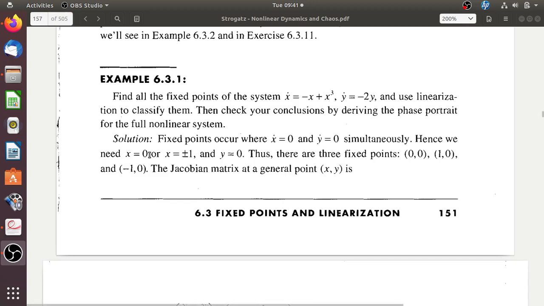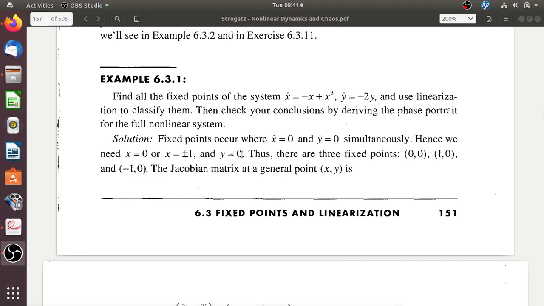One is x equal to 0, another is x equal to 1, and the third is x equal to minus 1. And from this, what can I say? From this I can say y dot will vanish when y is equal to 0.